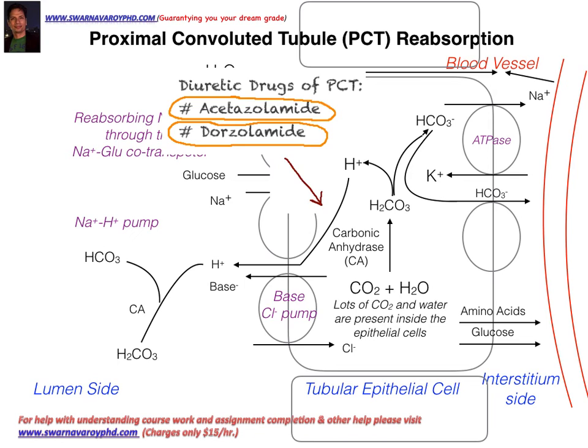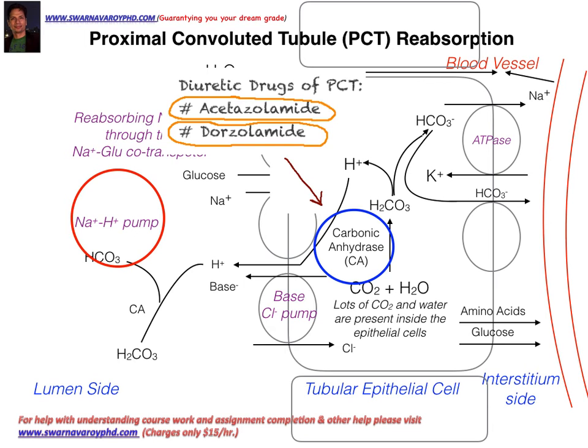So what these drugs do is they block carbonic anhydrase. So this circle actually should be here. There should be another circle here because it blocks the carbonic anhydrase at these two places. So what happens when the carbonic anhydrase is blocked? The production of hydrogen is stopped. And when there is no hydrogen, the hydrogen is not able to leave to the lumen side.